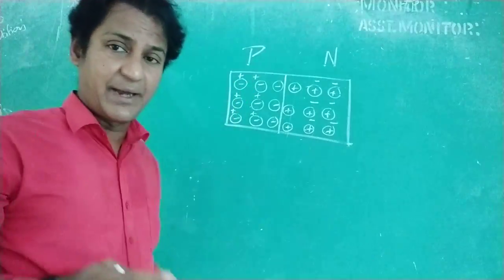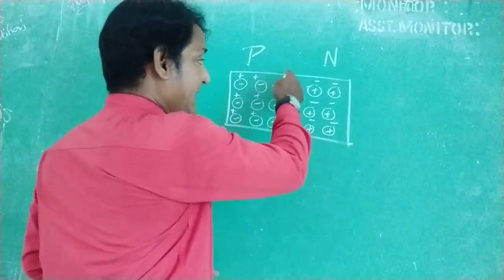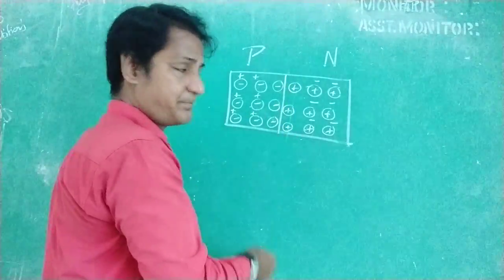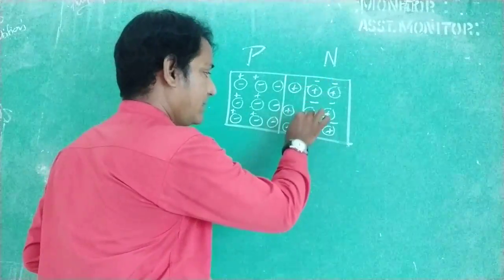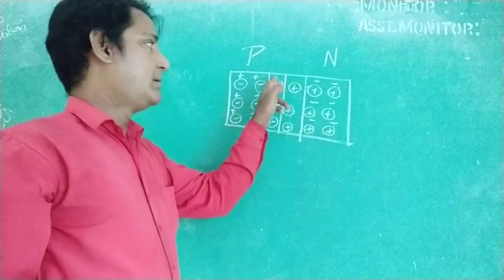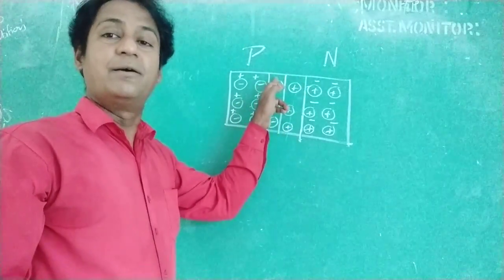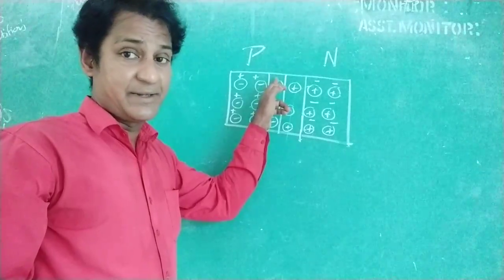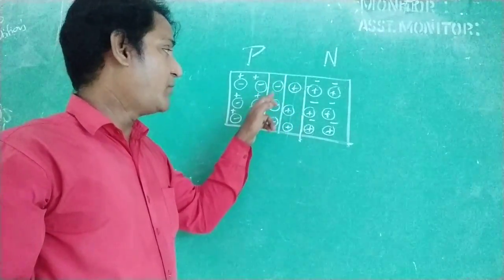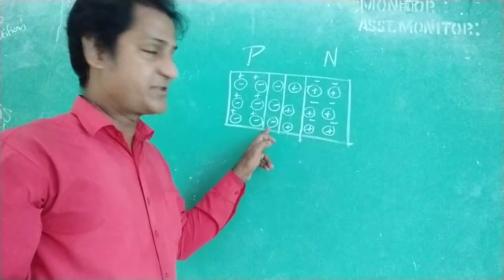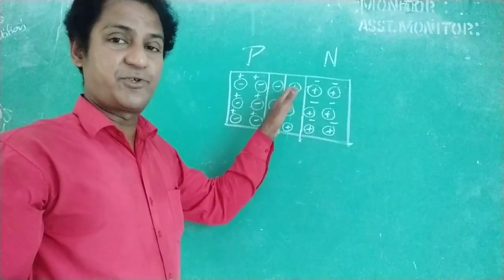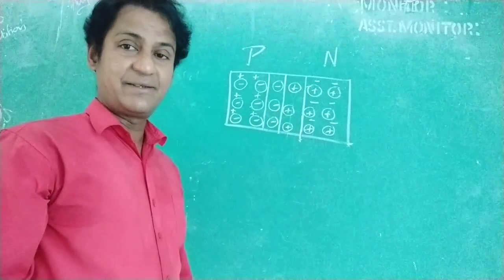Whenever they recombine, nearer to the junction these holes and electrons will recombine and disappear, leaving only the immobile negative ions on the left hand side and immobile positive ions on the right hand side.